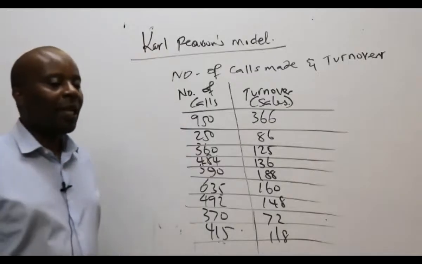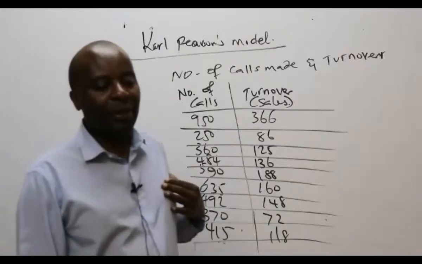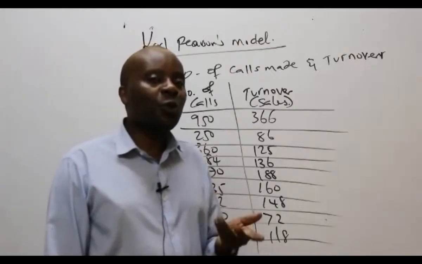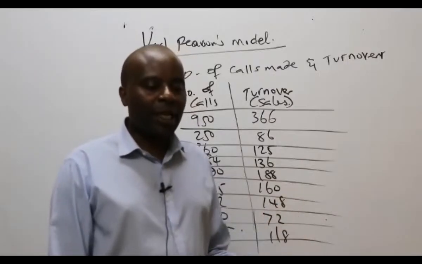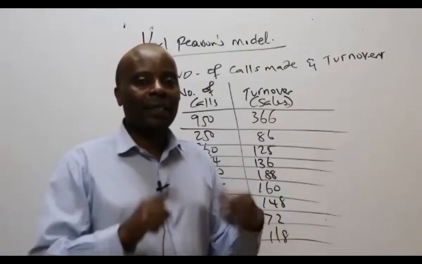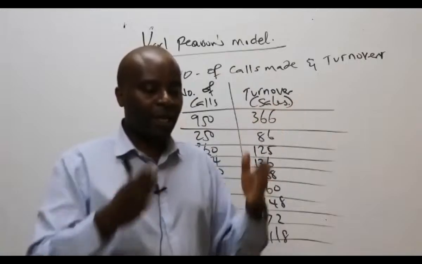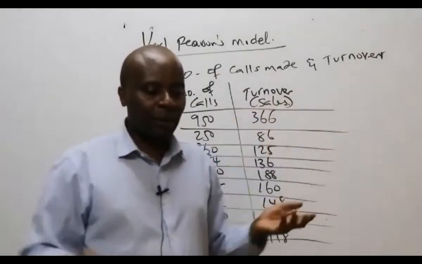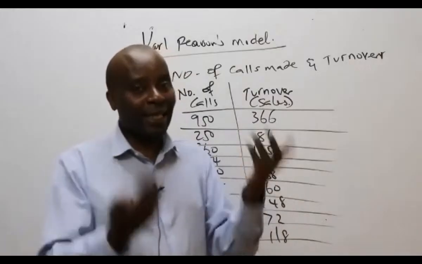So, ladies and gentlemen, once I've done this, it is something I used to really apply when I used to be an examiner, to ensure that I threw most of my students under the bus. When you throw somebody under the bus, it means this person will not be able to reach Canaan.